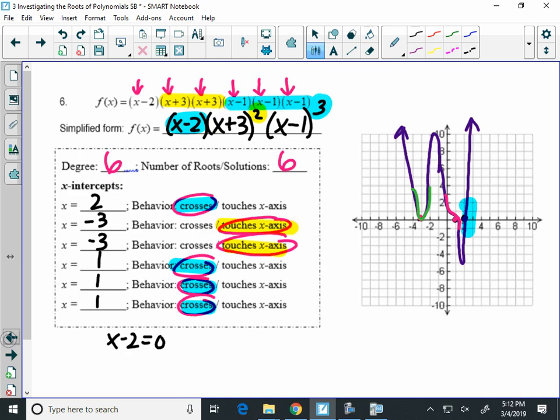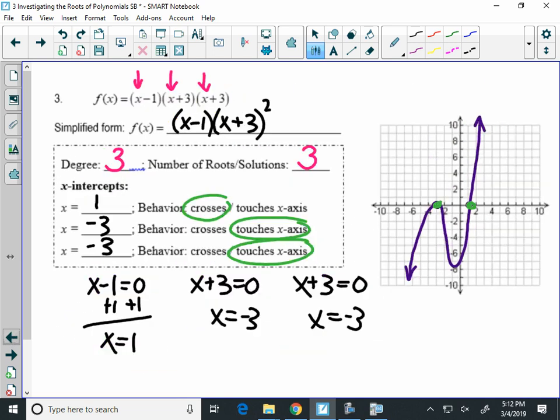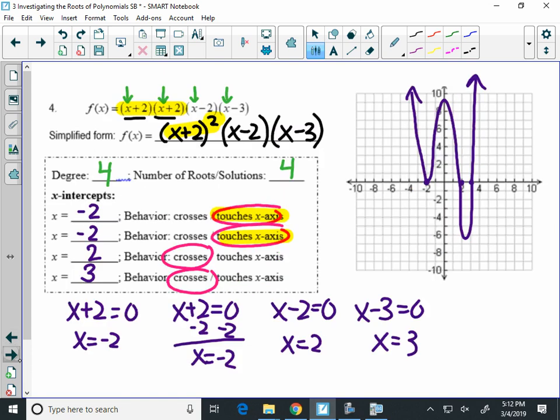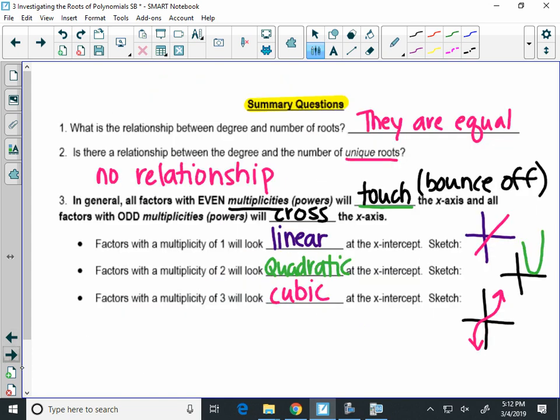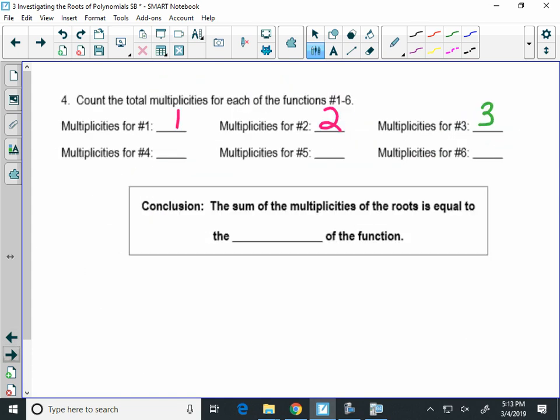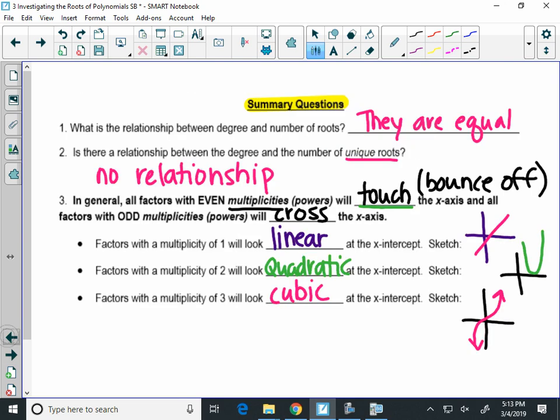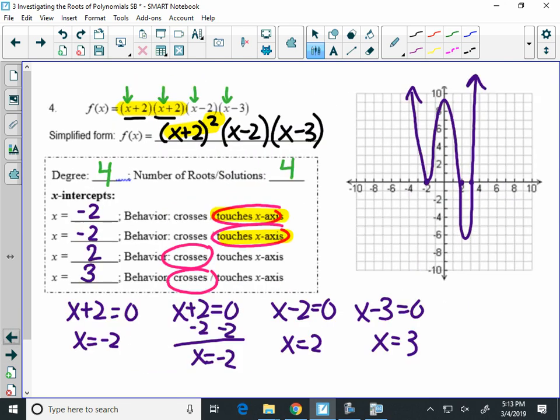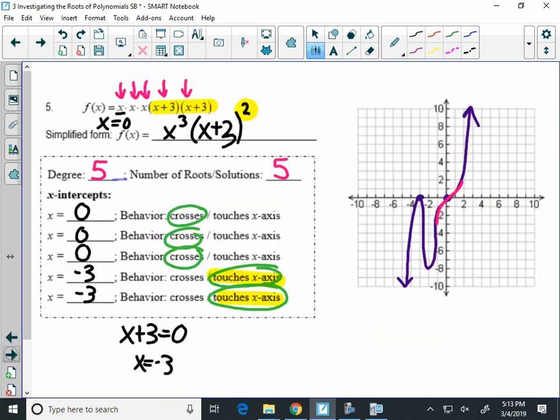If I go back to graph 3, if I add up the multiplicities, 2 and 1, I get 3 total multiplicities, which was the degree of 3. Multiplicities for 4, well, I have a 2, a 1 and a 1. 2 plus 1 plus 1 is 4. That's the degree.